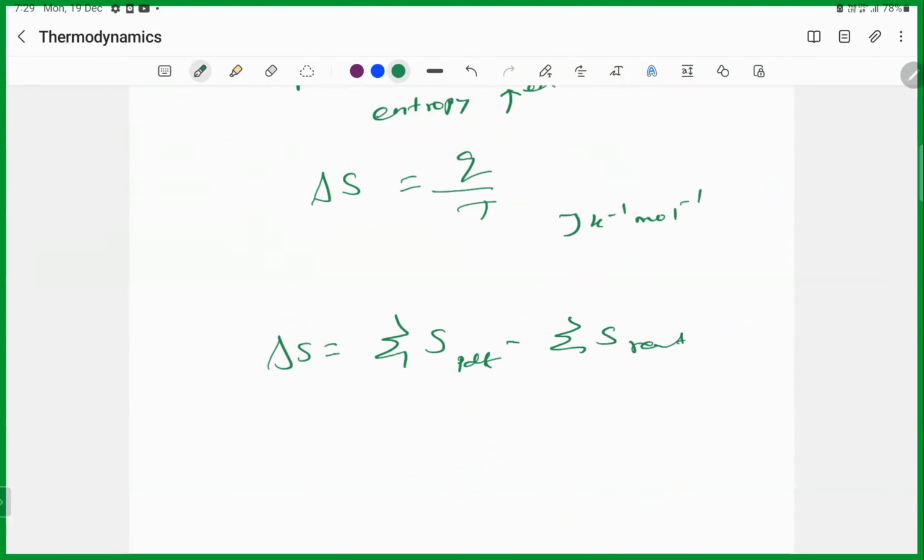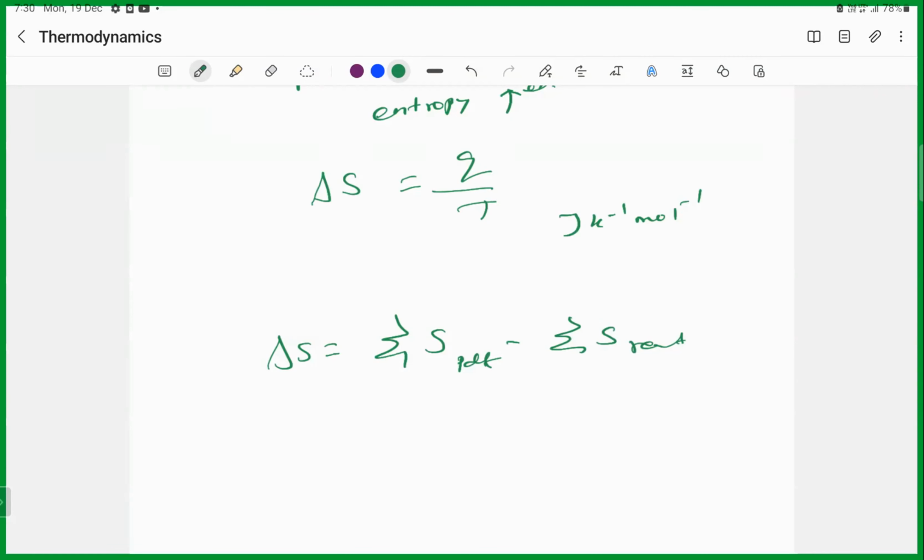For example, at absolute zero, the particles of the substance attain perfect order because all types of molecular motion cease. That's why Nernst stated that at absolute zero, the entropy of a perfect crystalline solid is zero. However, at a temperature greater than 0 Kelvin, that is minus 273 degrees, the entropy of a substance is positive.